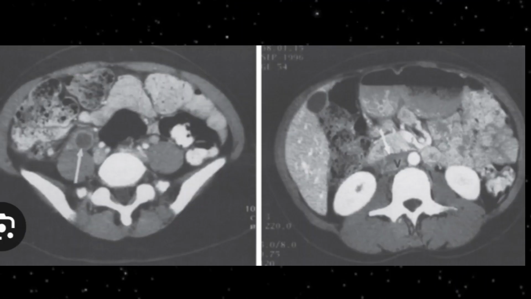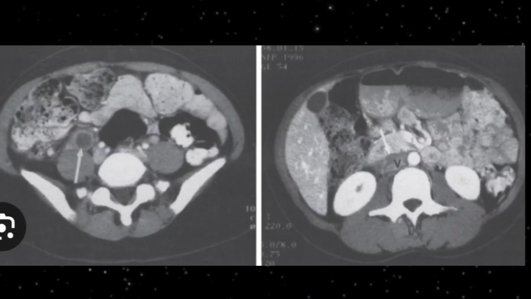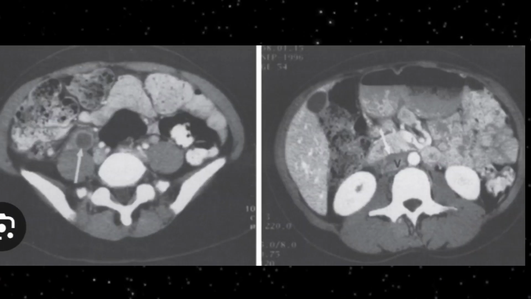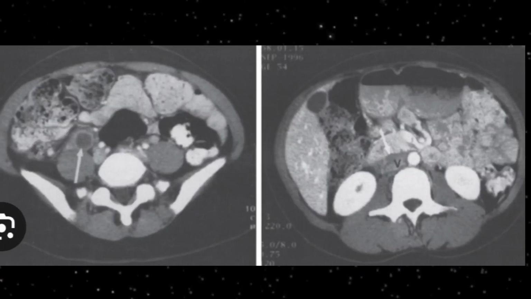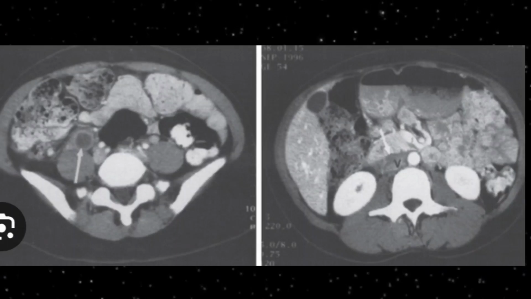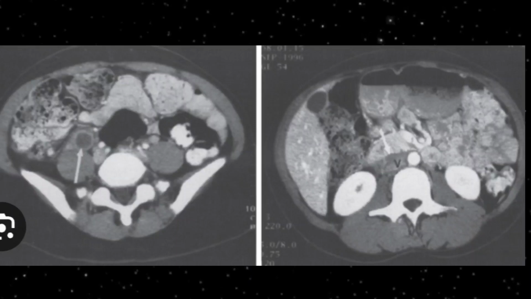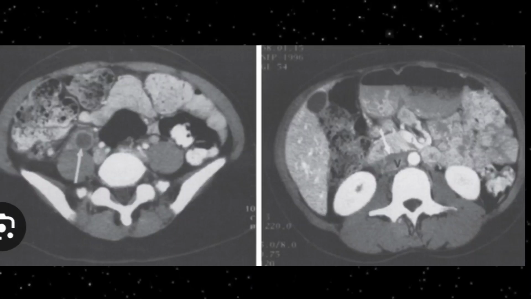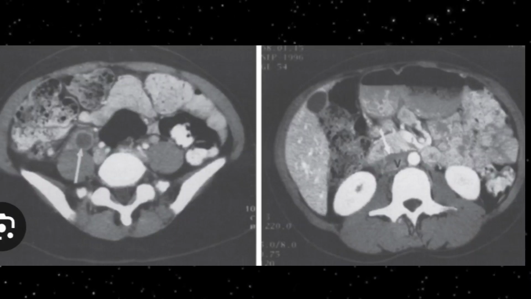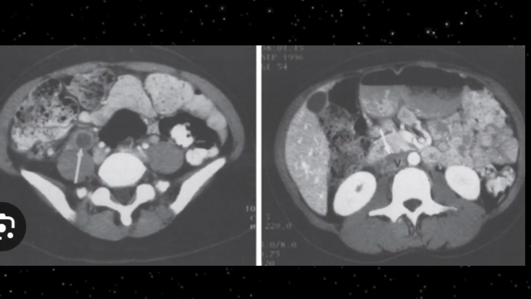Have a look at these two abdominal axial images of different levels. Both are showing the same right ovarian vein thrombosis. So it will look like this, and you can appreciate it, especially on contrast enhanced CT.